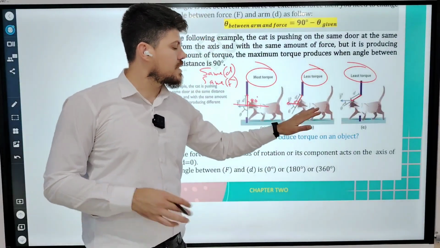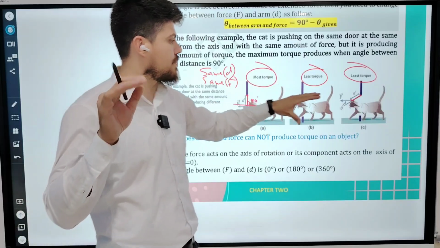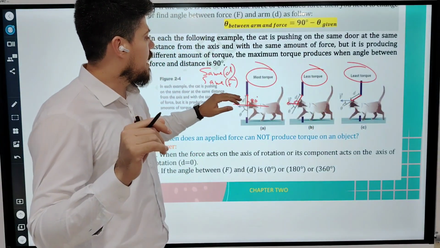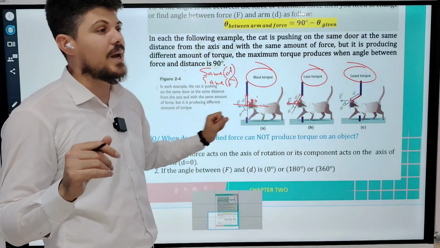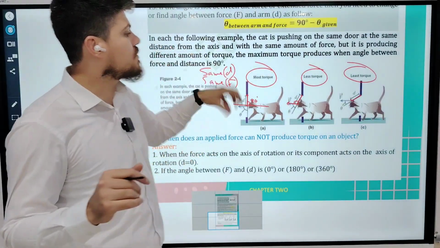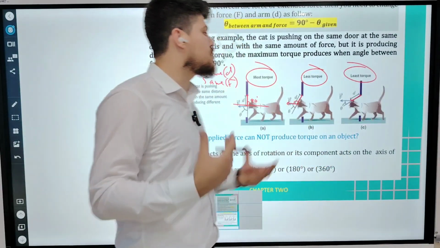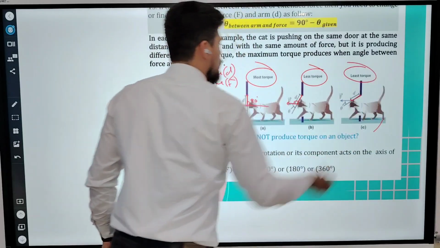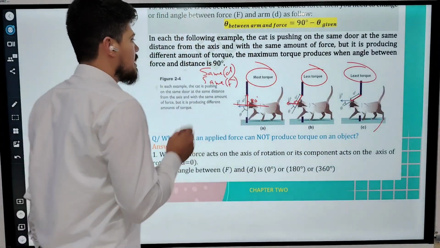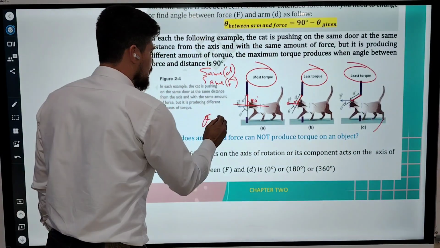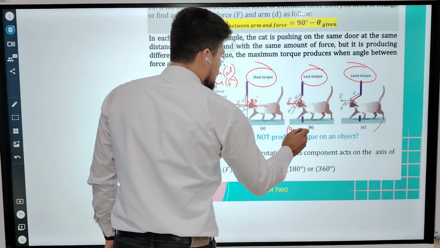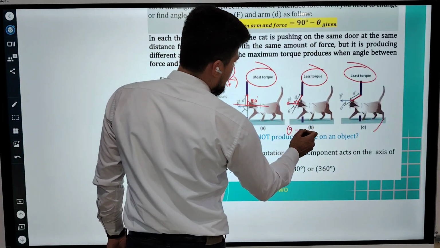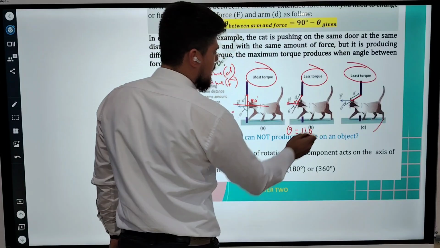If they bring it in the Wizari exam, be careful and pay close attention, please. Which of the following figures produces the most torque? Figure A. Okay. Which of the following figures produces the least torque? Figure C. Because of what? Because of the angle. If you assume that this angle is 90, sine 90 is maximum. This angle, I think, is more than 90, let's say 110.